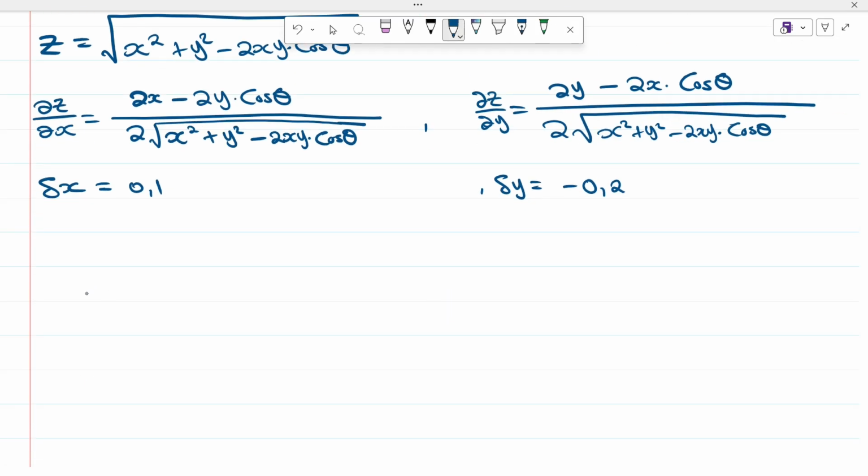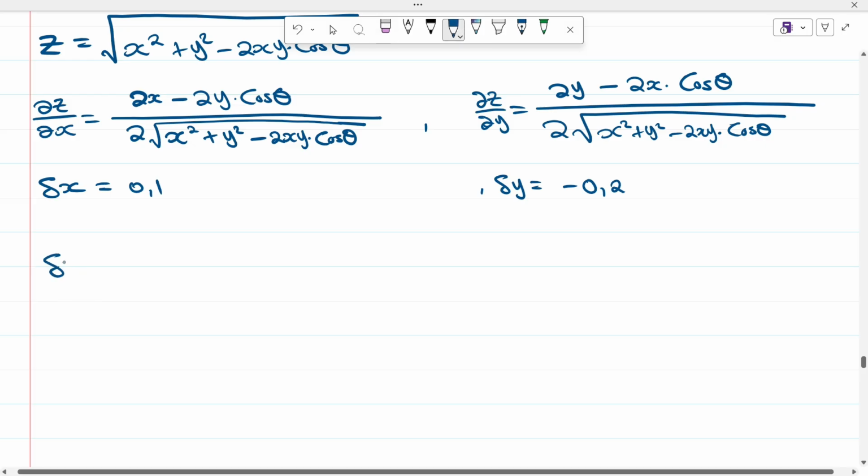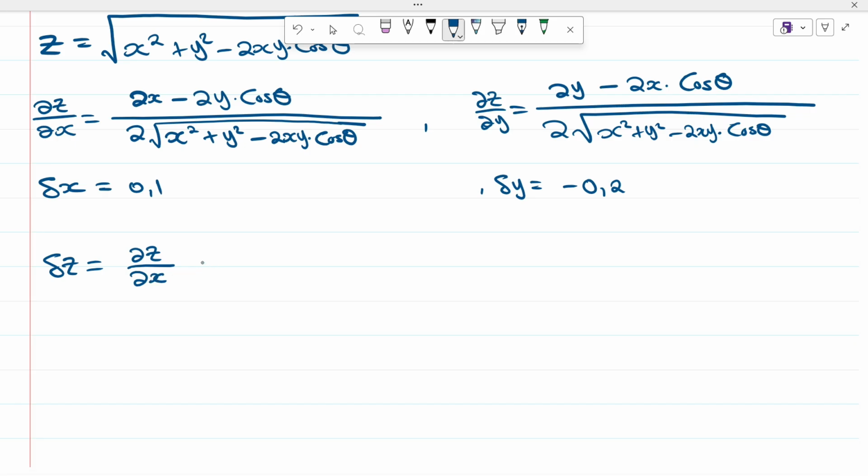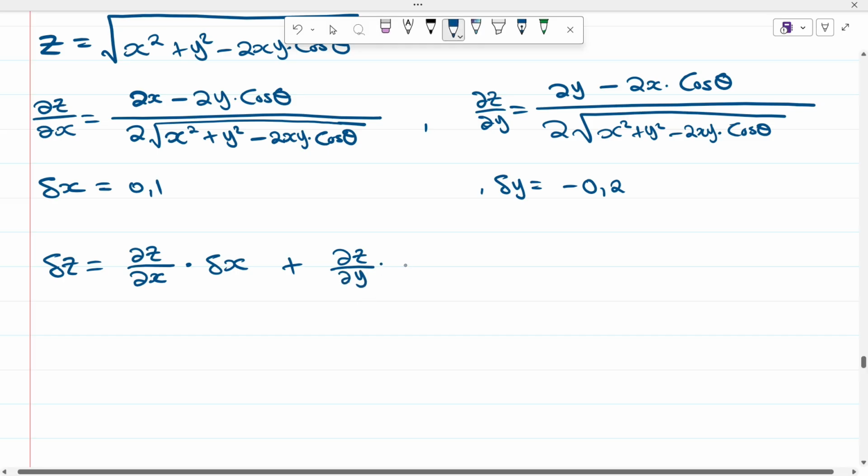So now we can write our small change in z formula. Our small change in z is equivalent to the partial derivative of z with respect to x multiplied by the small change in x plus the partial derivative of z with respect to y multiplied by the small change in y.